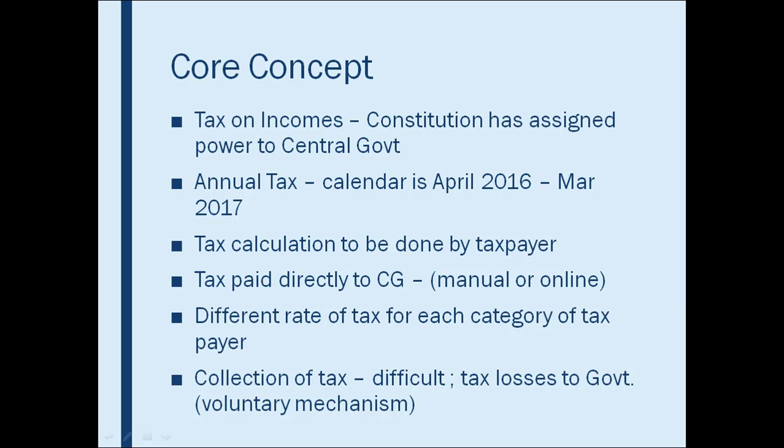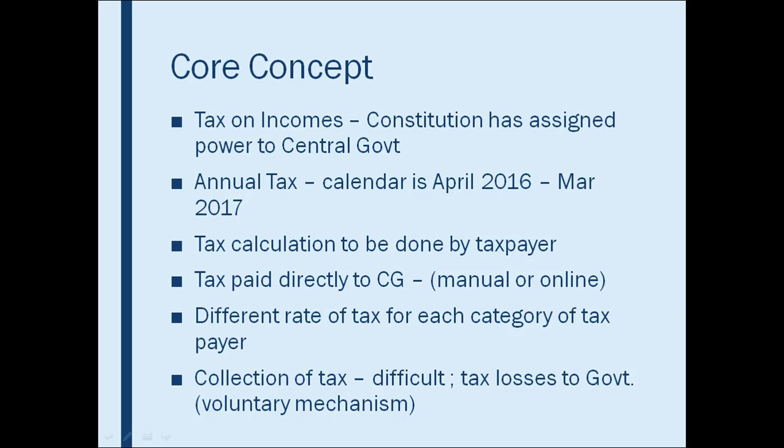And because of the entire structure of income tax, the collection of tax is difficult from the government's point of view, and so there are also tax losses. And the major reason is the voluntary concept, that the taxpayer himself has to calculate the income which is taxable, and then he has to calculate the income tax, and then he has to pay the income tax.